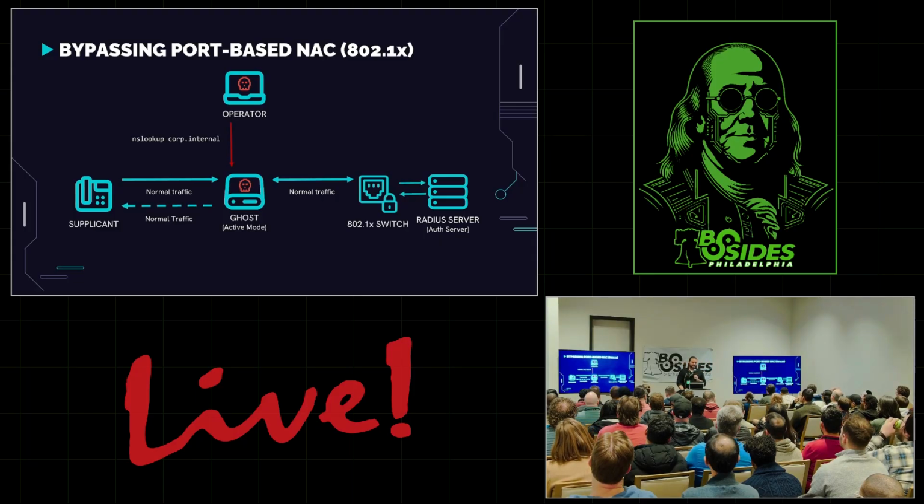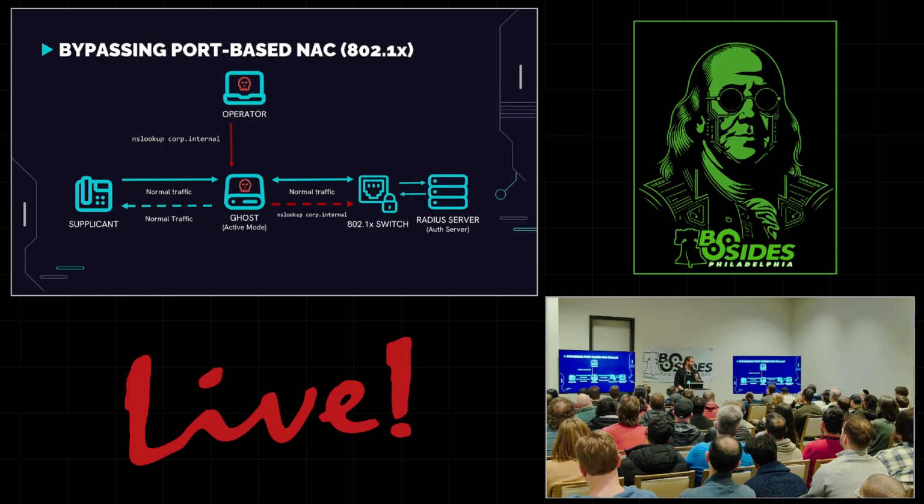Then the operator says, I want to look up the internal domain name. The ghost receives this and says, okay, the operator's plugged in, and I'm going to forward it along as if it's the supplicant. So it modifies the source MAC address and IP address to that of the supplicant and forwards it to the switch.